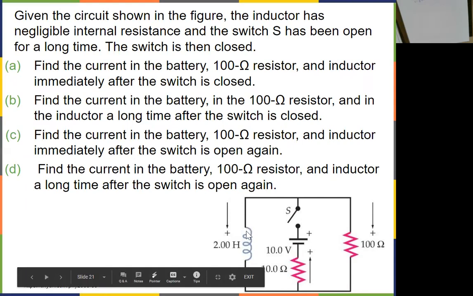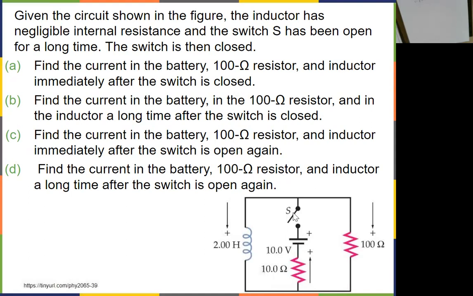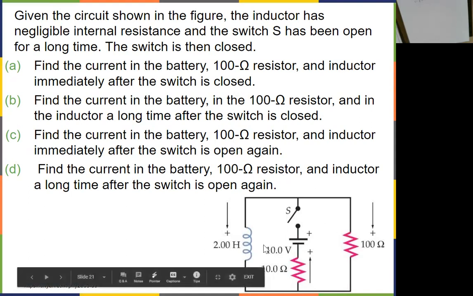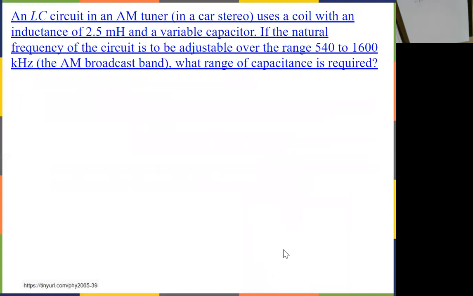You can withdraw that energy, and it can be consumed by this resistor. The problem asks for the current through the battery, through the inductor, and through the 100 ohm resistor immediately after the switch is closed.